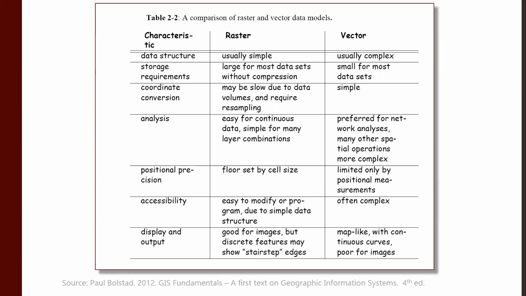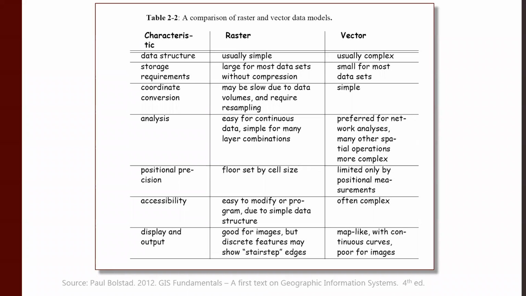Now, raster data is very large, especially if you're storing millions upon millions of cells, but it's easily compressed. Sometimes you'll download raster data and it's compressed twice, because that's how much you can compress your data to be able to save disk space. And then you unzip it somewhere else and everything gets out of control, but that's part of the fun.